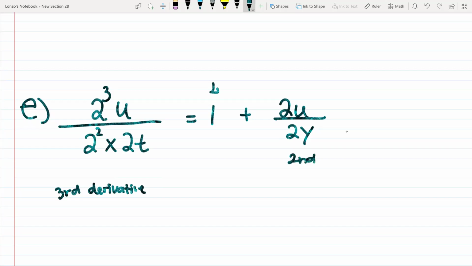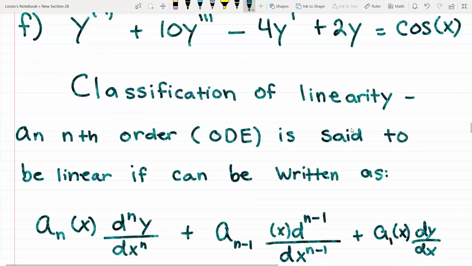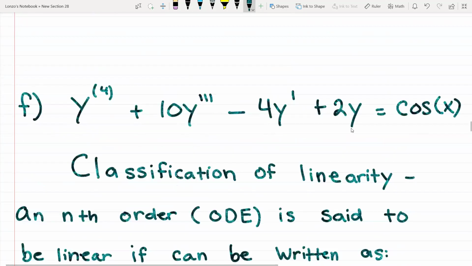So this is the highest, so it's going to be third order. Oh yes, F. So which one is the highest derivative? Is it this one, this one, this one? If you said this is the highest derivative, it is. So this would be classified as fourth order.